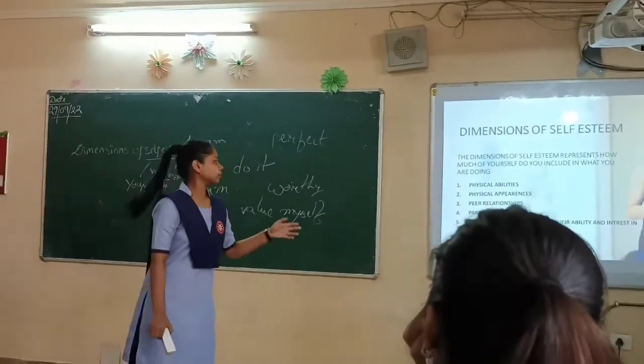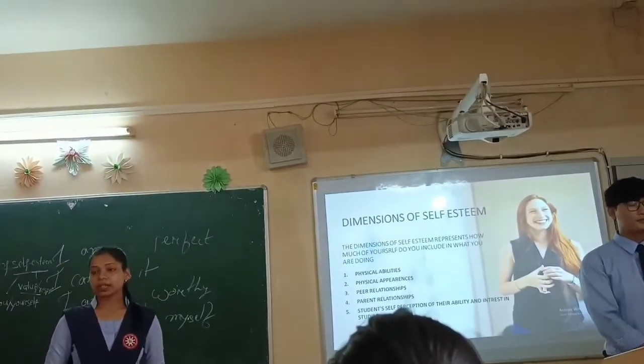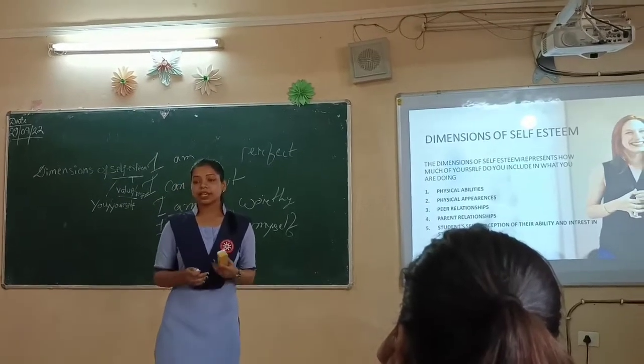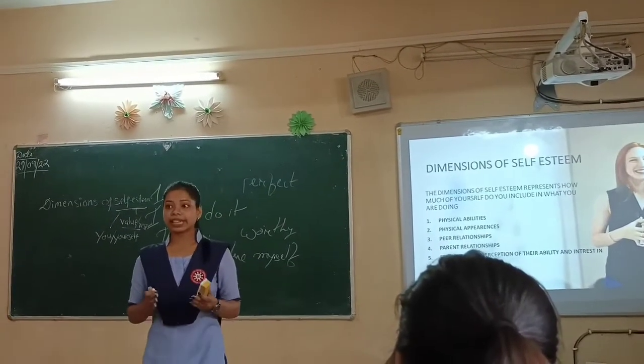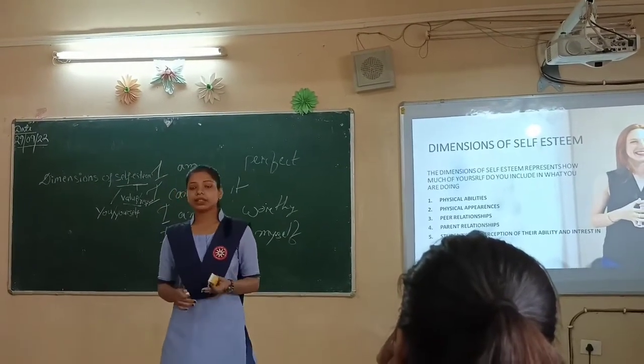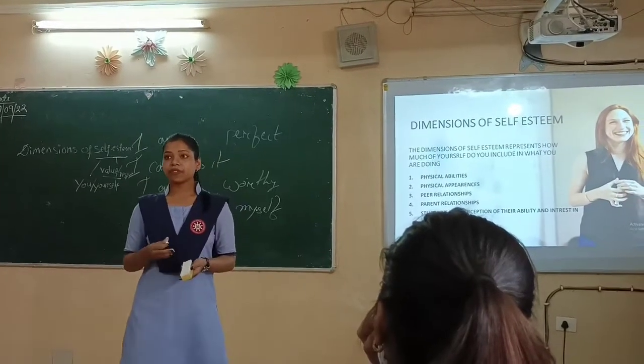So first point, physical ability. This is people's perception and opinions of their abilities, skills and interest in sports, games and many other physical activities, for example strength and flexibility.